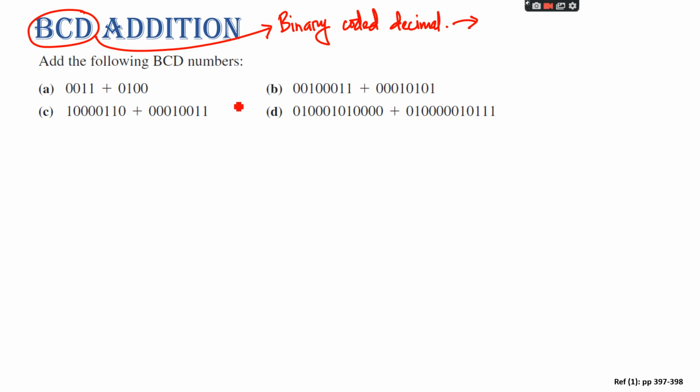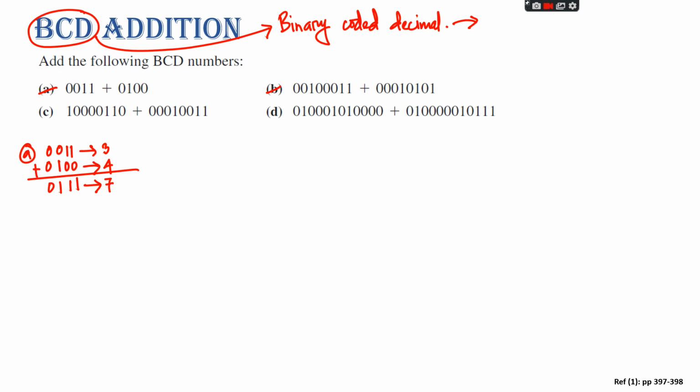So for the first two operations, let's see what they are doing. Suppose we have 0011, so it gives 3, right? Decimal. And then 0100 gives you 4, right? So if you add them together, what you get? 0111. It is 7, right?